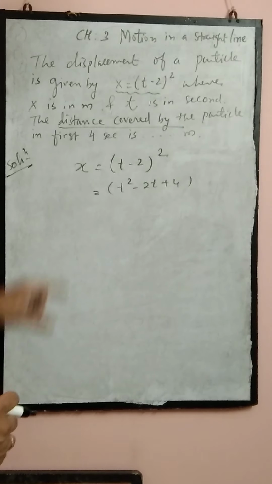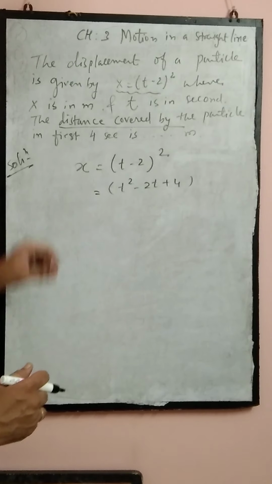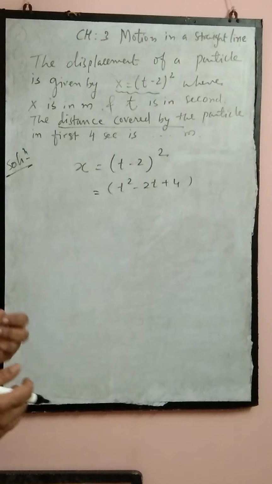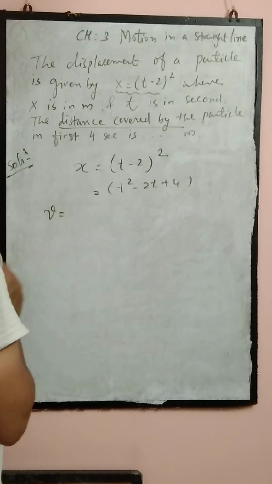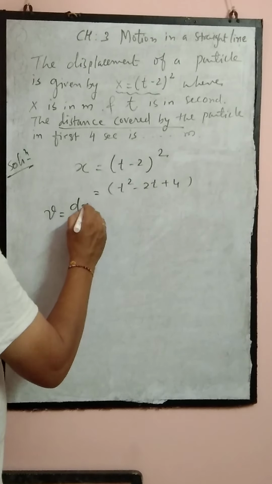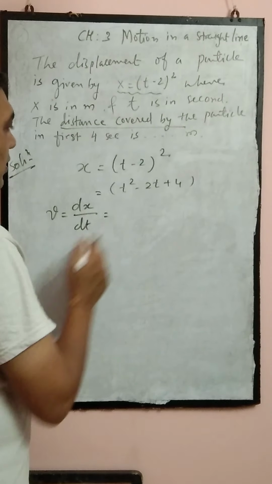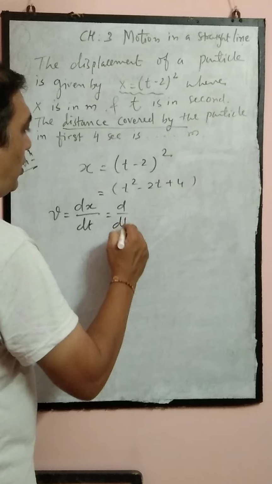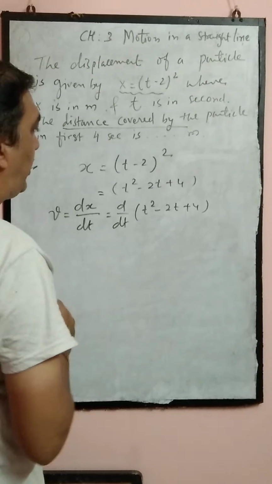Now when you differentiate this displacement equation with respect to time, you will get velocity. So let's obtain velocity. Velocity v is equal to dx by dt. You people know that. So that is d by dt of t square minus 4t plus 4.